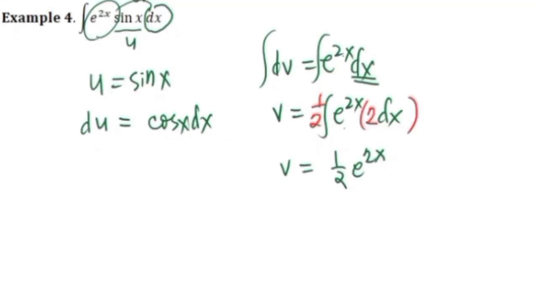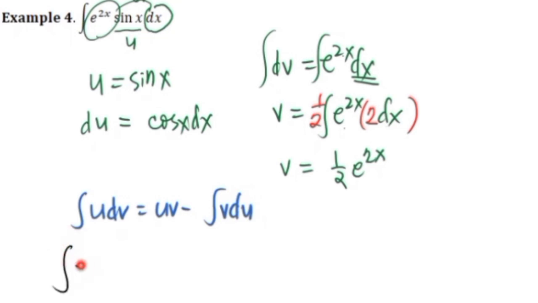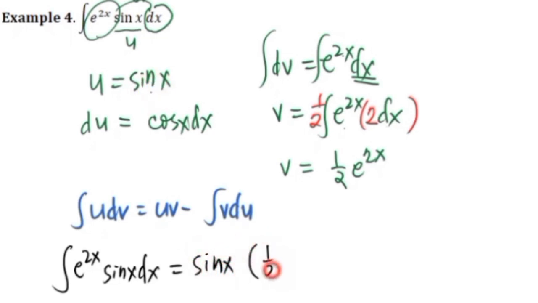So applying the integration by parts, we have the integral of u dv is equal to uv minus integral of v du. So we have the integral of e to the 2x sine x dx is equal to uv. So your u is sine x, and your v is 1/2 e to the 2x, minus integral of v du.